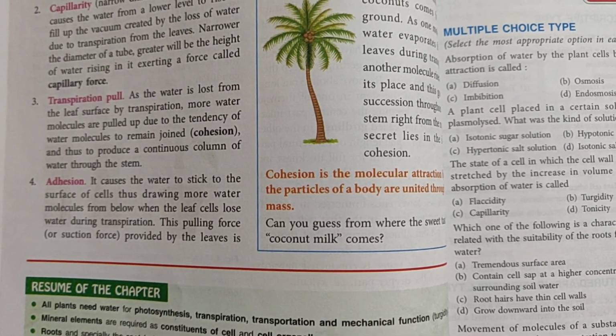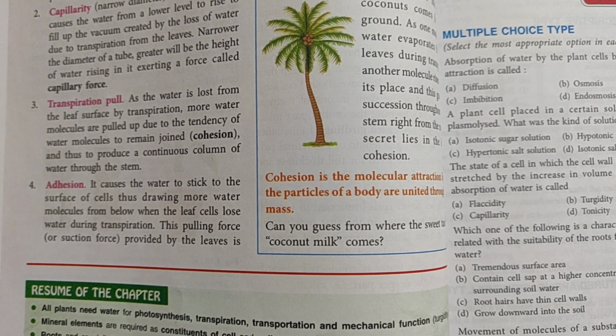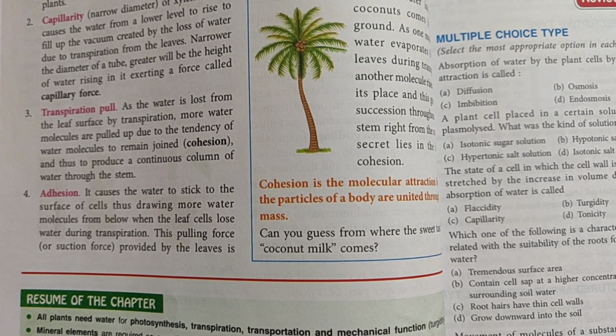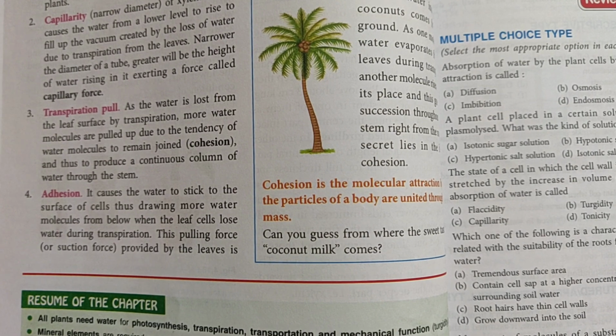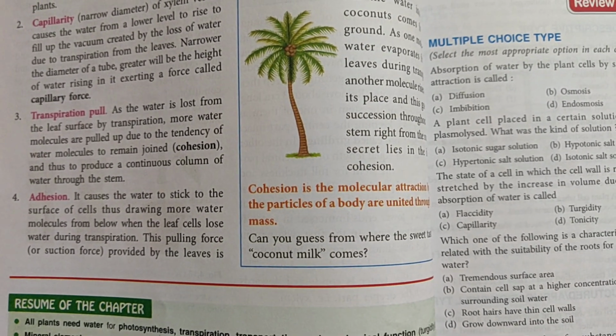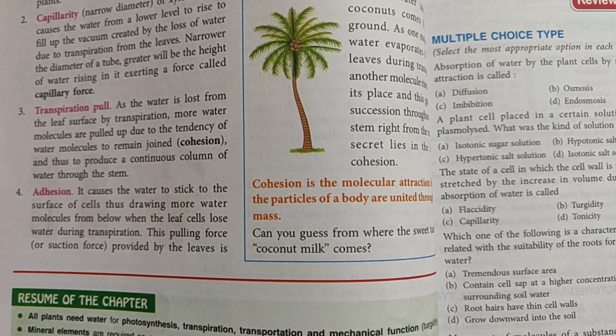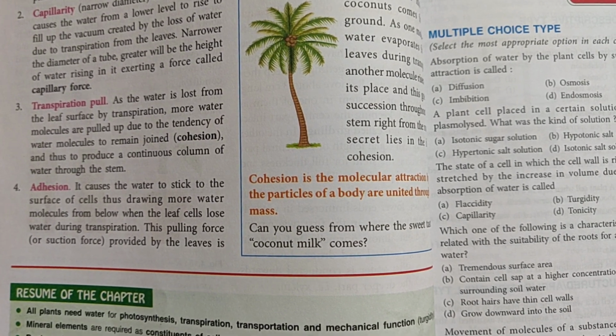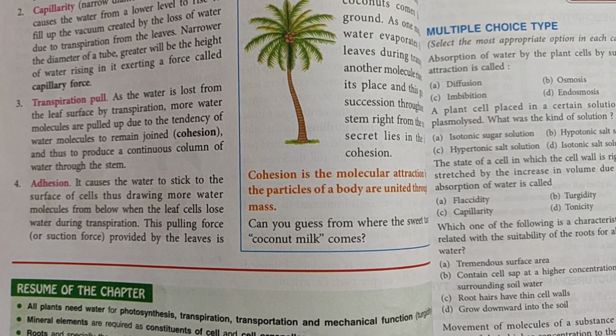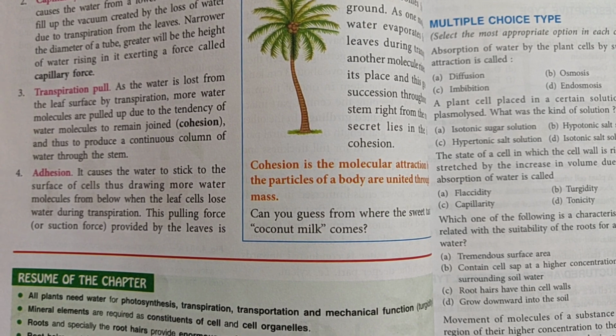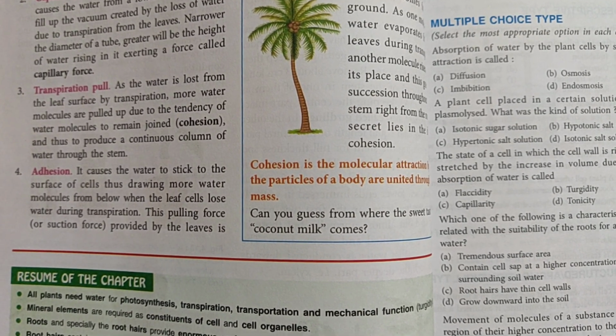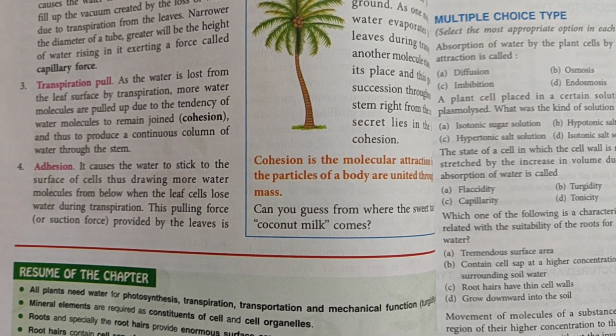So this pull that is created due to the process of transpiration is known as transpirational pull. And a very important part of this is the tendency of water molecules to remain joined together. That tendency is known as cohesion.